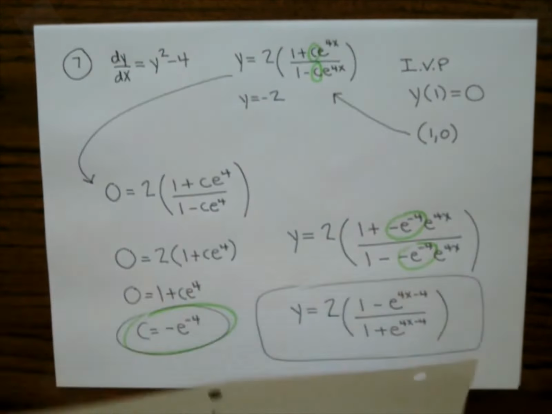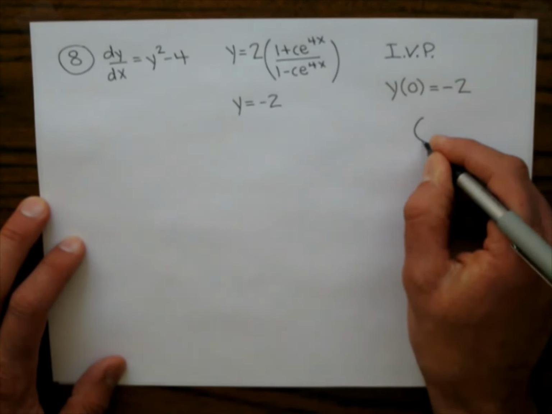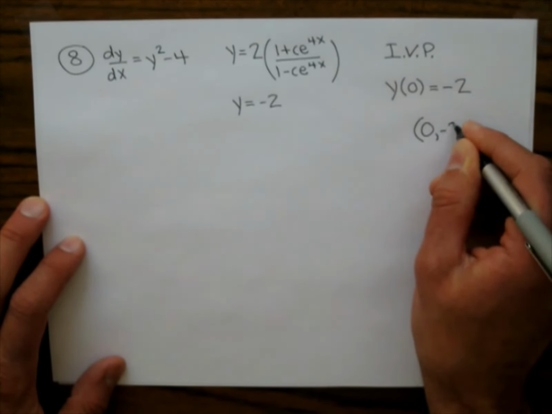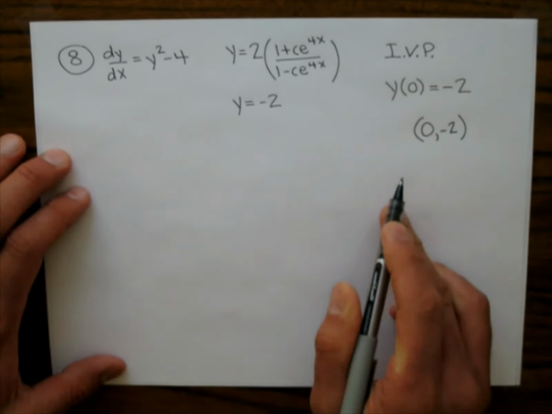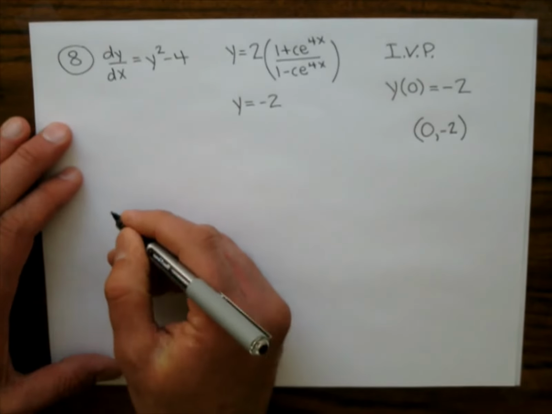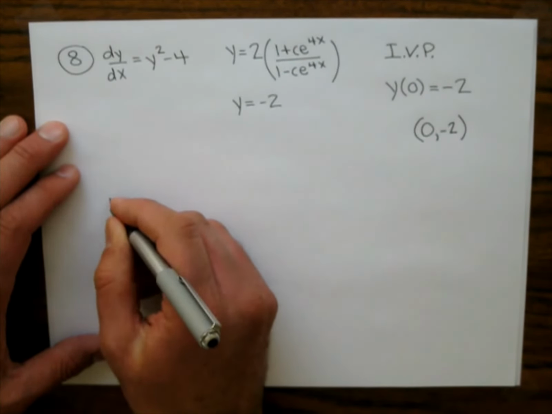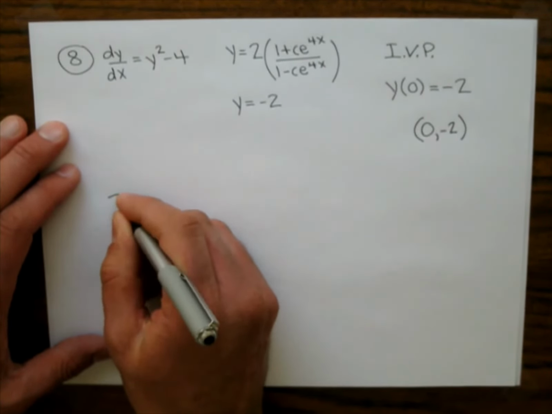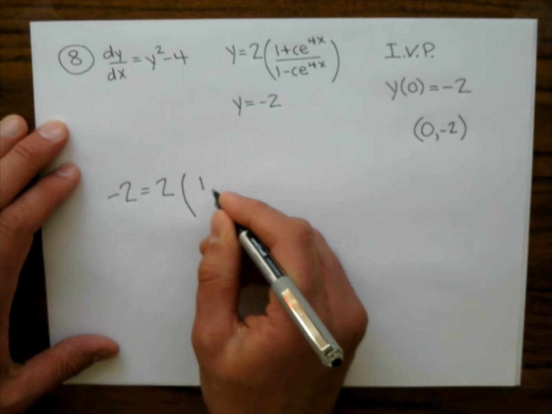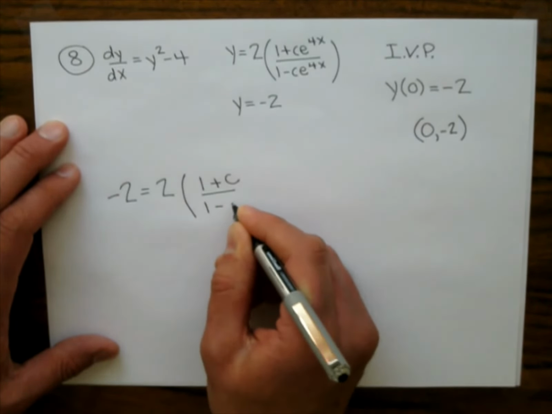Same problem. The initial value given is y of 0 equals negative 2. So we have the point 0, negative 2. I'm going to go ahead and plug that in to the differential equation. So when I do that, I end up getting negative 2, that's for y, equals 2, and then we have 1 plus c, 1 minus c.